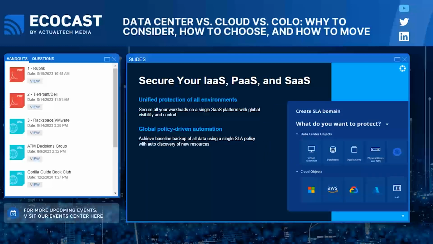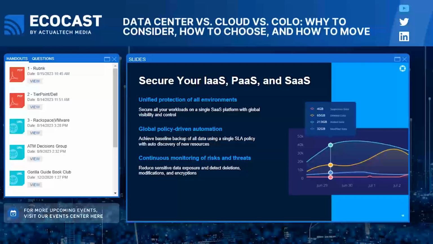The second is providing backup policies that apply to all of those workloads. So taking a single backup policy or SLA policy and applying it to multiple workloads, whether those workloads live on-prem or in the cloud or they're SaaS, taking that same backup methodology and applying it to all workloads is really critical there.